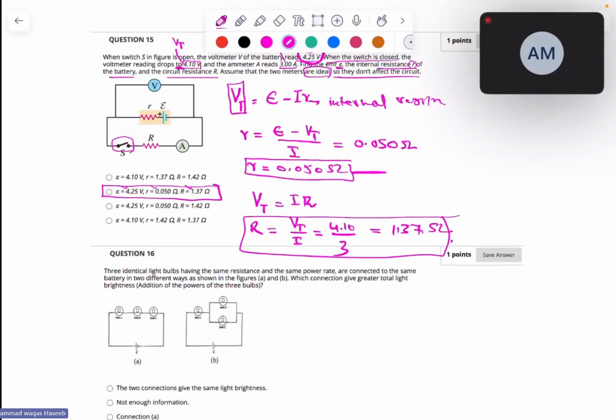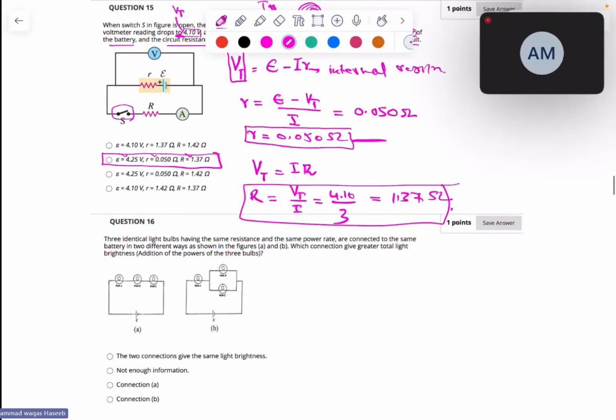Okay, now move to the next question. The three identical light bulbs having the same resistance and the same power rating are connected to the same battery in two different ways, figure A and figure B. So in figure A, all are connected in series, and in figure B, these two are connected in parallel, and then this is connected in series.